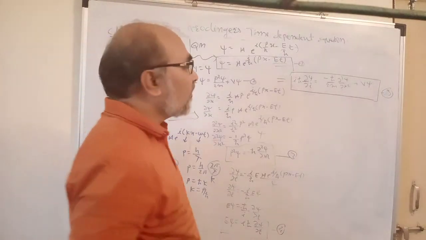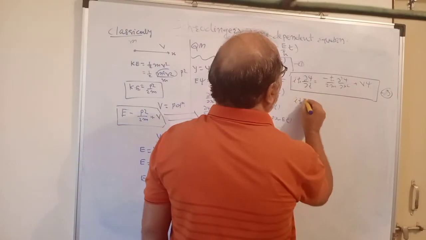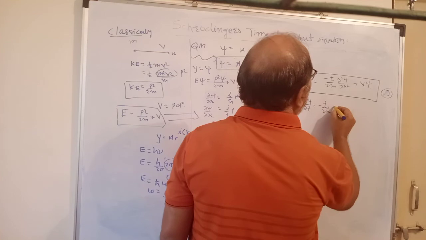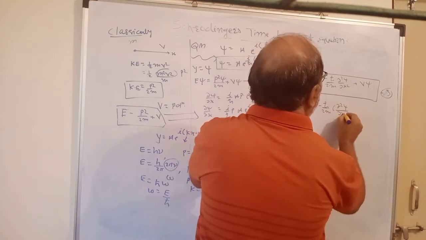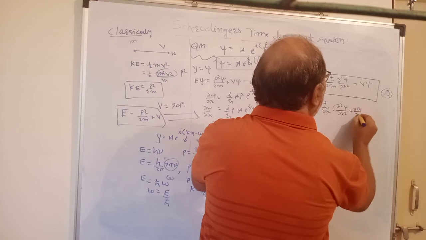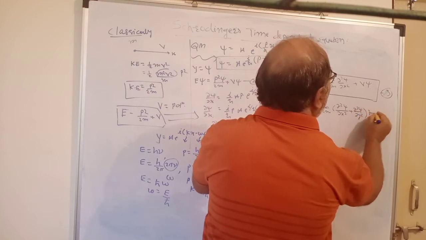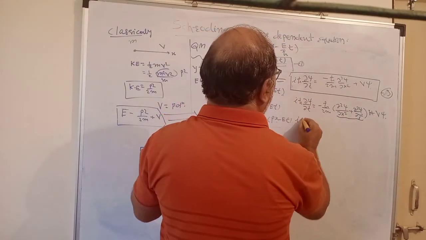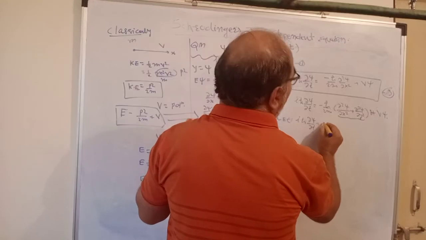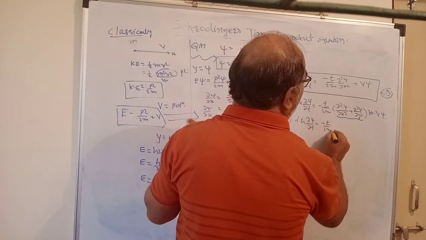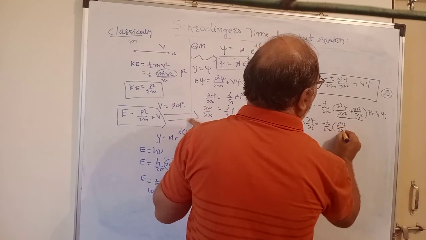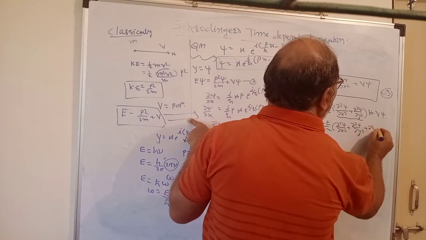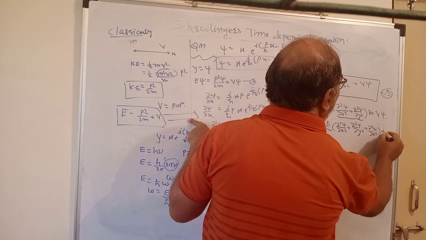What happens for the two dimensional? So this becomes iħ ∂ψ/∂t is equal to minus ħ²/2m into bracket ∂²ψ/∂x² plus ∂²ψ/∂y², plus Vψ. So this is the two dimensional, and for three dimensional, iħ ∂ψ/∂t is equal to minus ħ²/2m (∂²ψ/∂x² plus ∂²ψ/∂y² plus ∂²ψ/∂z²), bracket completed, plus Vψ.